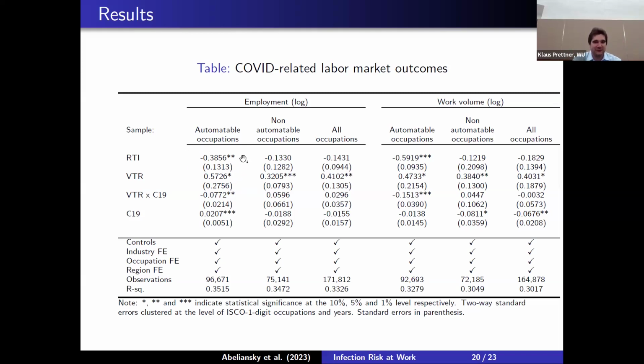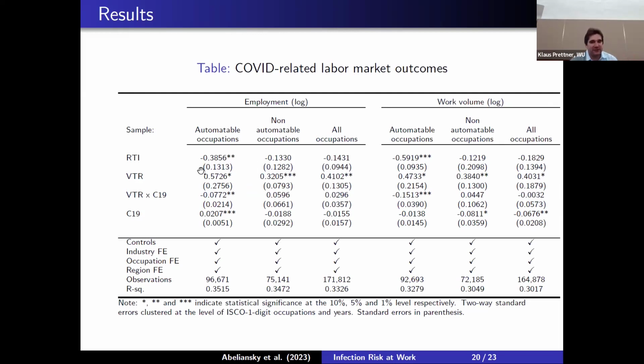So this beta 3 coefficient actually is negative, and significantly so. The interaction term is negative, and the interaction term is basically 0 in the non-automatable occupations. And in all of these regressions, we use the control variables, industry, occupation, and region fixed effects, and so on. So these results, I would claim, at least are not against our hypothesis.